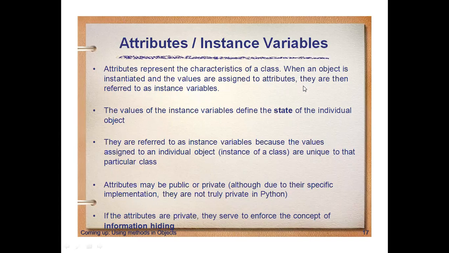Attributes represent the characteristics of the class. When an object is instantiated, the values are assigned to the attributes. They are then referred to as instance variables. The values of instance variables define the state of an individual object. Right? This is what I mean to say over here. They are referred to as instance variables because the values assigned to an individual object are unique to that particular object. Some phones may have some features, some phones may not.